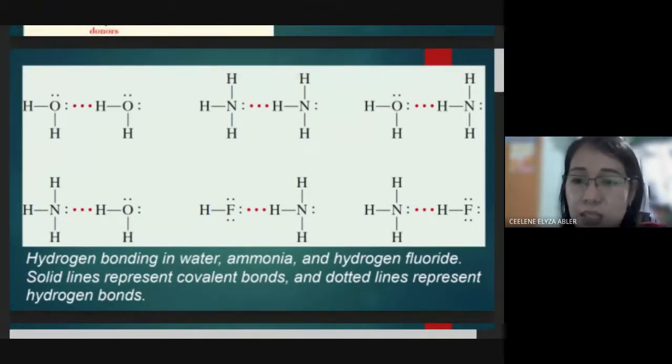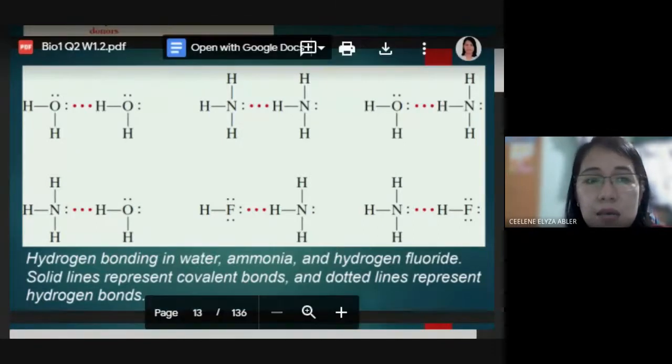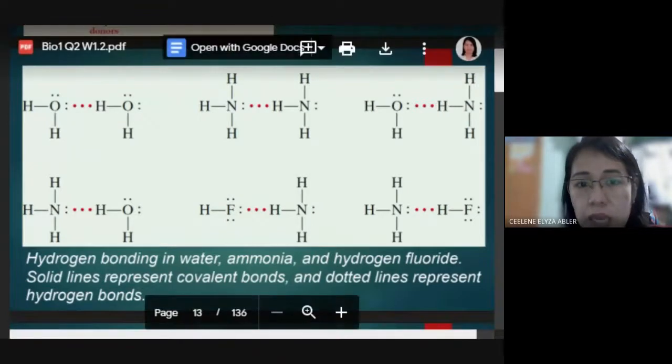Si hydrogen class is most abundant between molecules like hydrogen and itself, hydrogen or oxygen, hydrogen or nitrogen, and hydrogen or fluorine. The most highly electronegative atoms, NOF. Yun ang pinaka nagbabond with hydrogen. And yan ang pinaka-present.